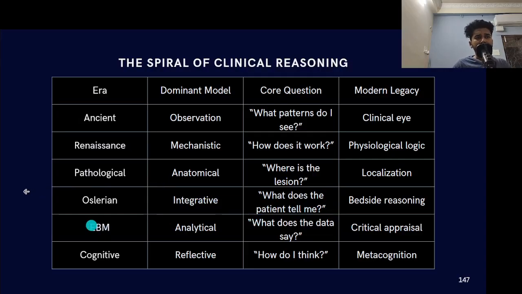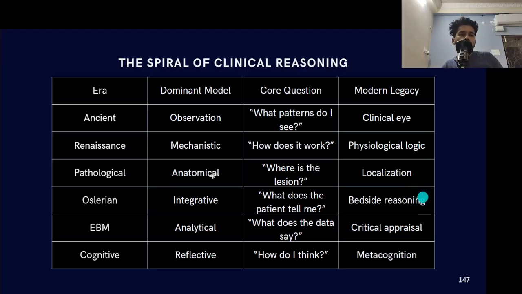Then we have evidence-based medicine, which is the analytical part, which talks about what does this data say, which led to critical appraisal. Now we are in this part about cognition, that is metacognition, where we are reflective about how do I think. We have metacognition.